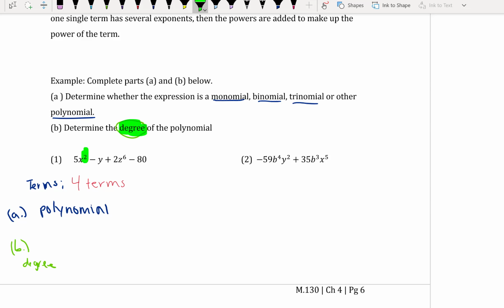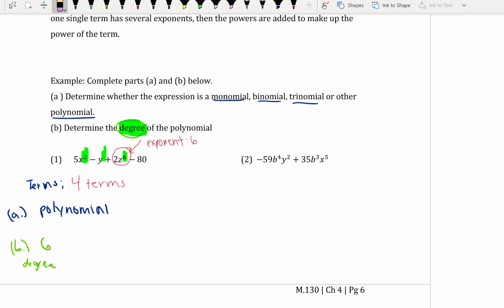Here we have the exponent 2, 6, and this actually has a 1 on it, right? Those exponents, the highest one is this one, and the exponent here is 6. So our degree is going to be 6. It's the highest exponent of any given term.